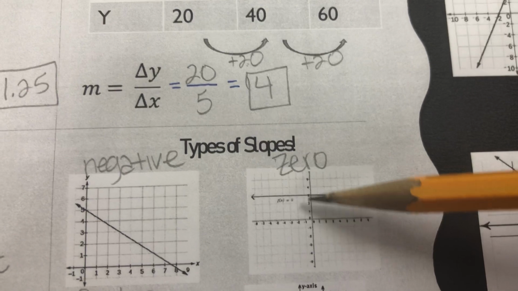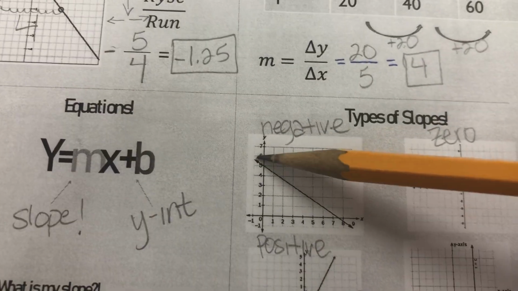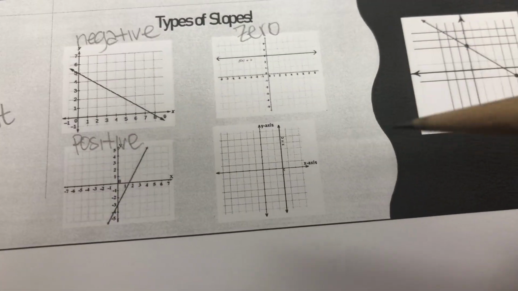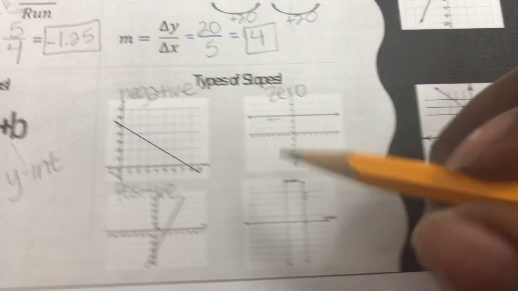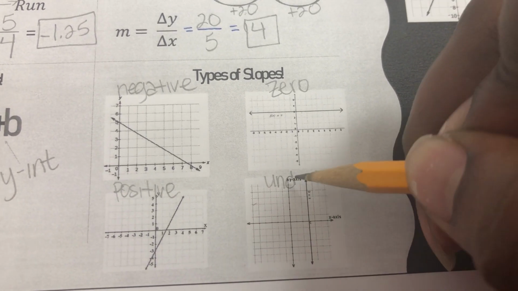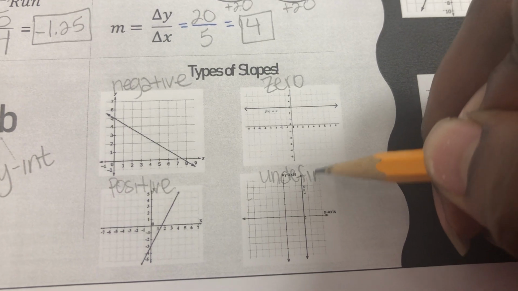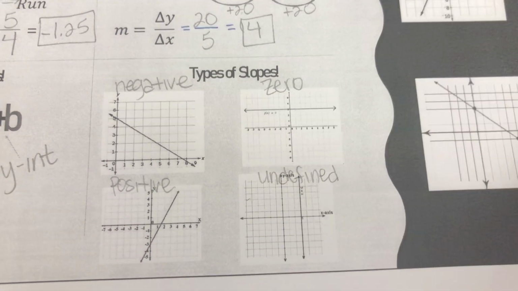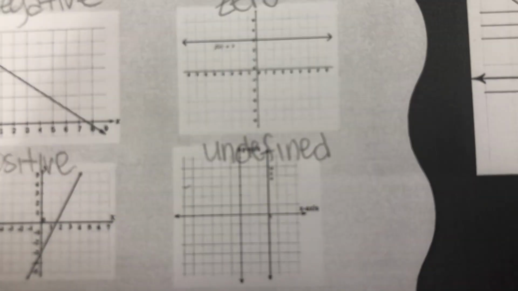So if you look at all these other ones, boom, that crosses the y-axis, boom, that one crosses the y-axis, boom, so does that one. But this one's the only one that doesn't. So that's why it can't get its own number. It has to just get the word undefined.